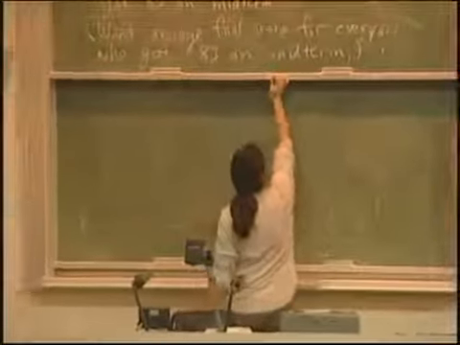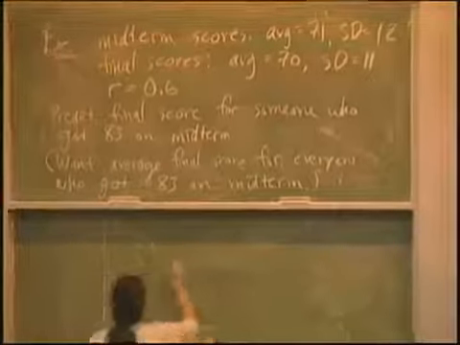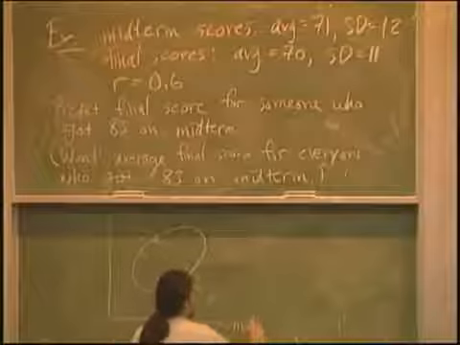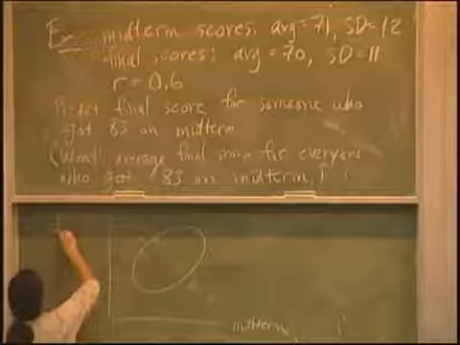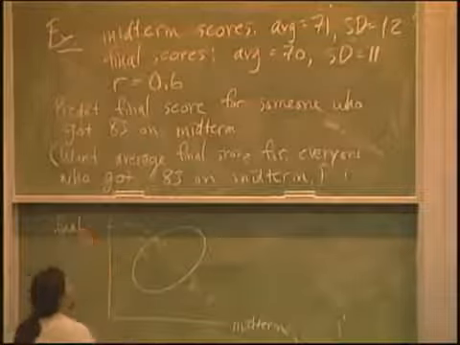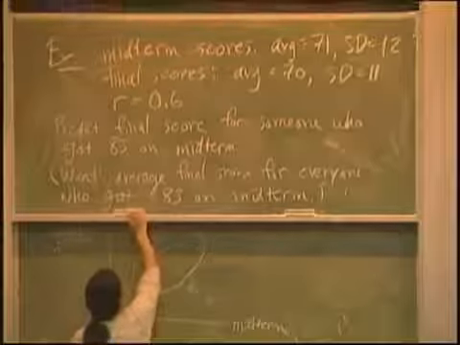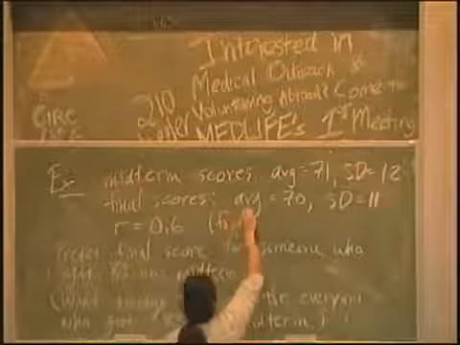So if we draw a picture for this, midterm score is on the x-axis, final score is on the y-axis. I want to say also that the scatter diagram is football shaped.